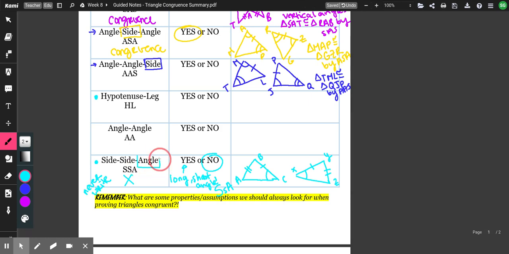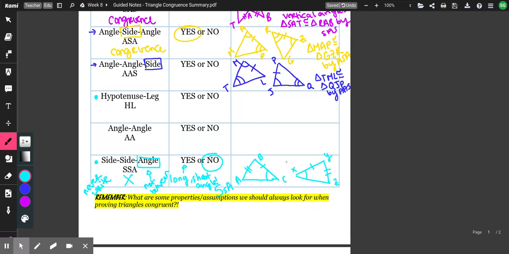The angle is outside. The angle is not between like it was up there, all the way up there. So not in between. It is outside, not where those two sides intersect. So we don't know this angle in here.